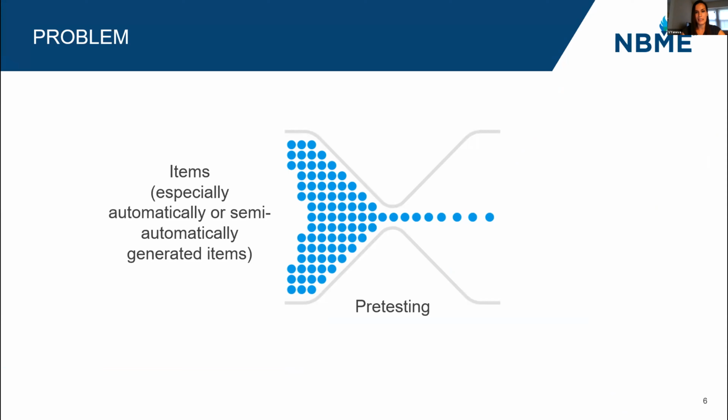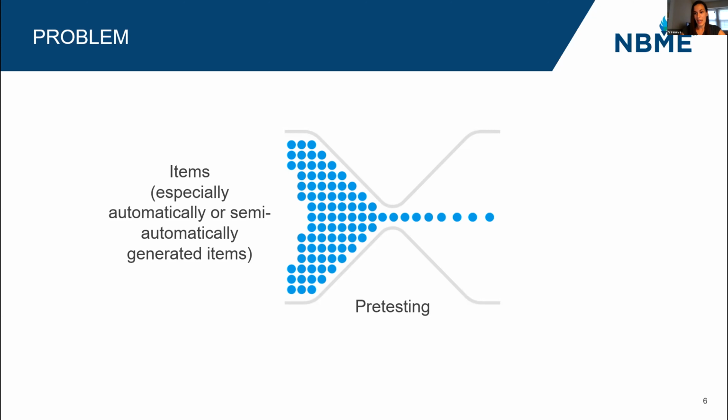And this begs the need to have an intermediate step between item writing and pretesting that would allow us to filter the items in such a way that we can match the pretesting slots to those items that are more likely to survive pretesting.